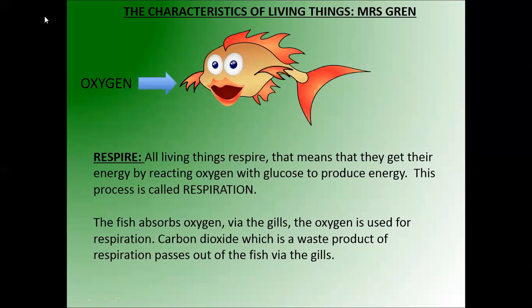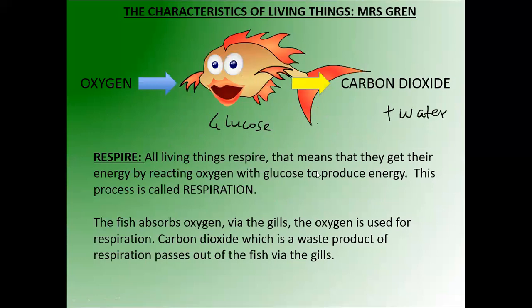The oxygen reacts with the glucose, which you already have in the fish, and it releases carbon dioxide plus water, and that gives energy to the fish to continue with its normal daily activities.